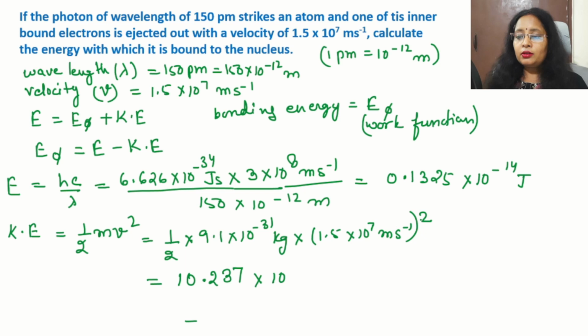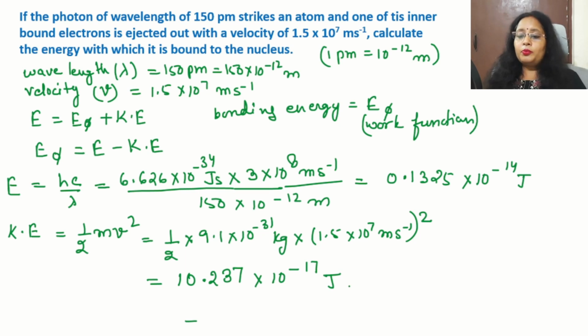Now 10 to the power 7 whole square means 14, since powers are added: 7 plus 7, 14. So 14 minus 31 becomes minus 17 joules.